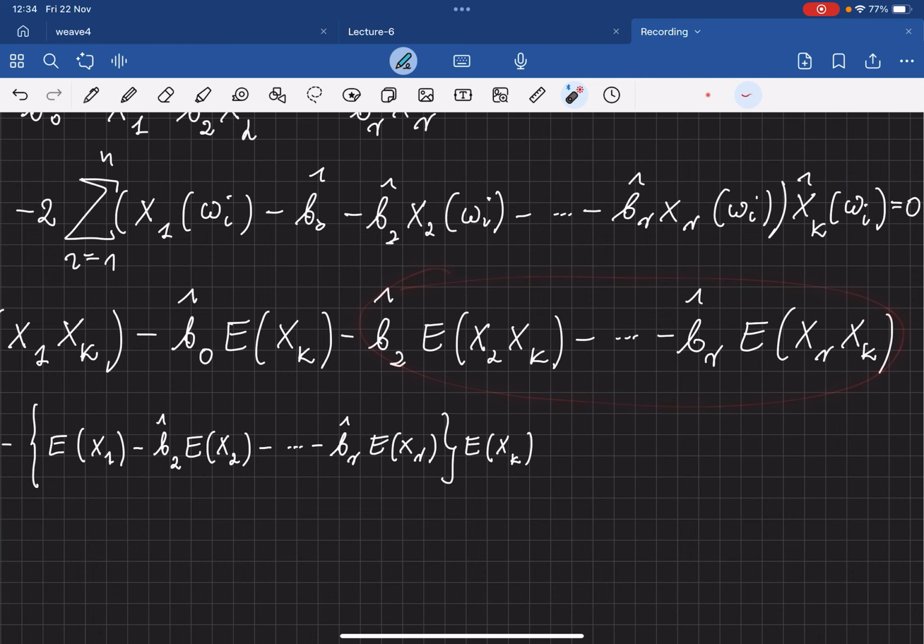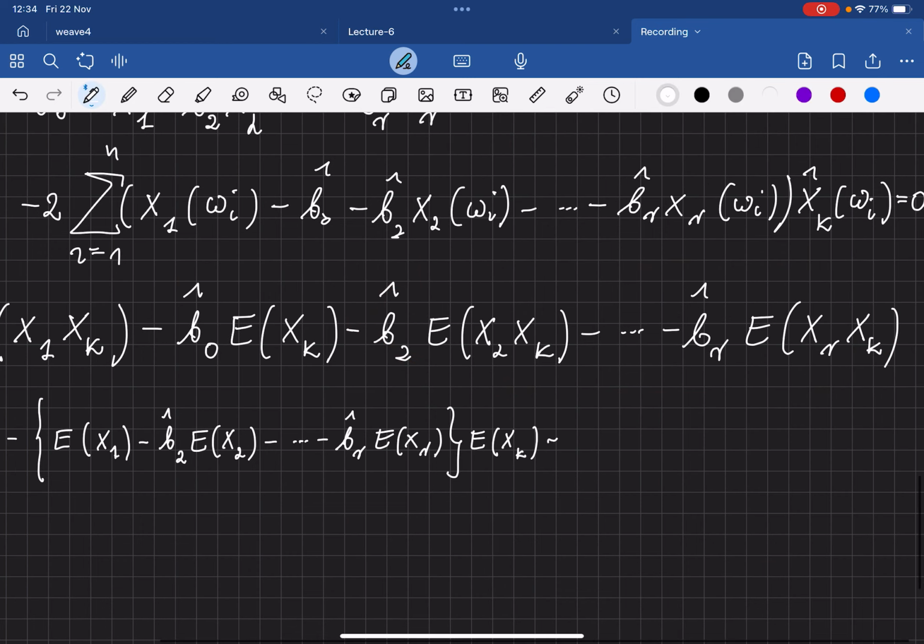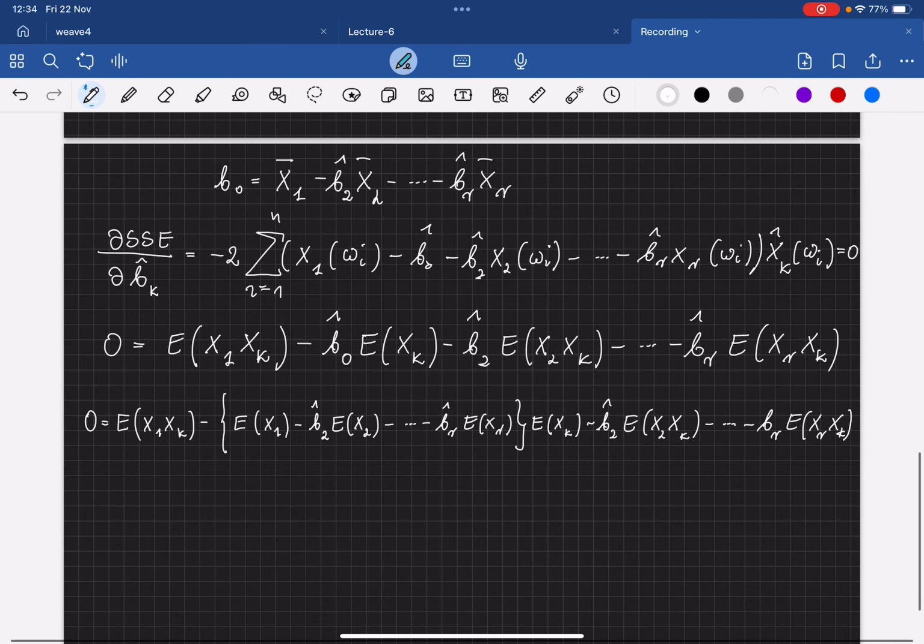The rest is here. So it is minus b2 expectation value of x2 xk up to br expectation value of xr xk. And now I'm starting to introduce some order to this formula.